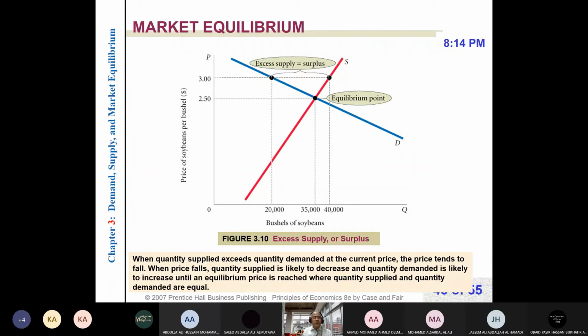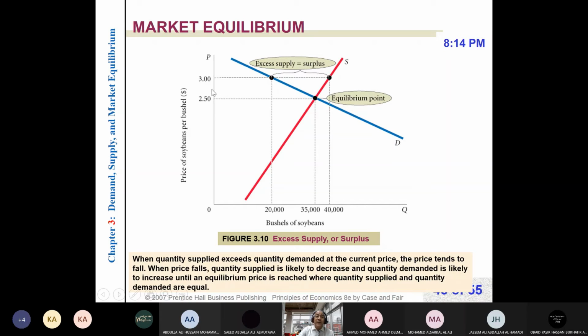So what will they do? They will try to attract customers. How to attract more customers? By decreasing the price. Assume they decrease the price a little bit from 3 to 2.75. As the price decreases, the quantity demanded will increase, but the quantity supplied will decrease.